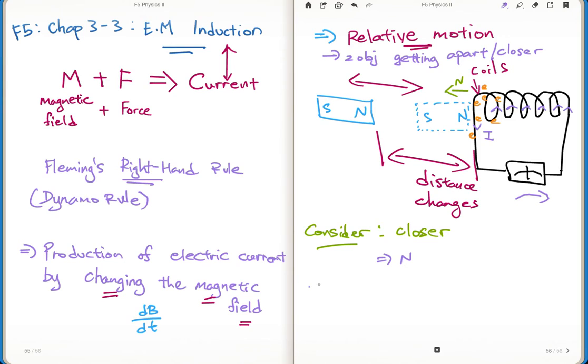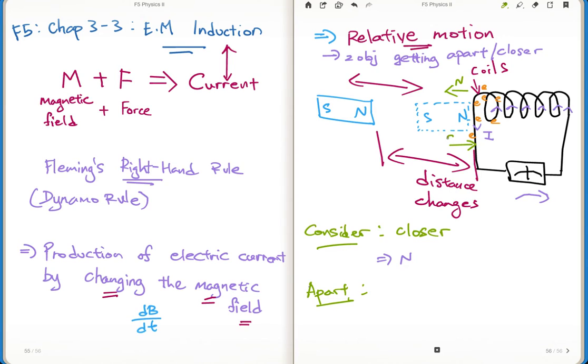When it's going apart, when you separate, meaning away, when the north pole goes away, what happens? The electron will flow in a direction to attract it.